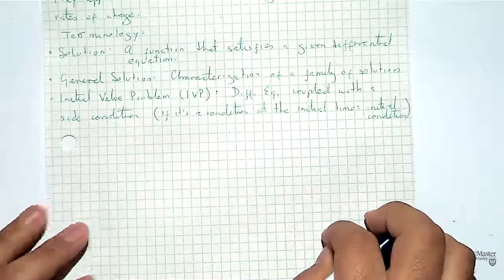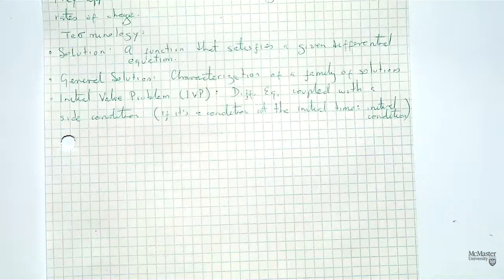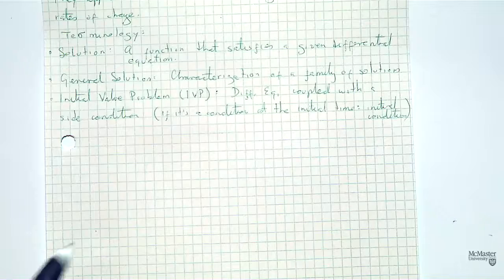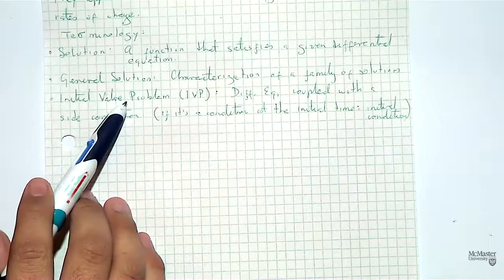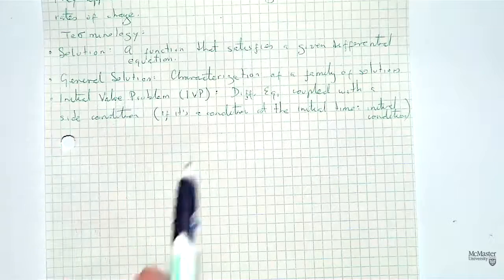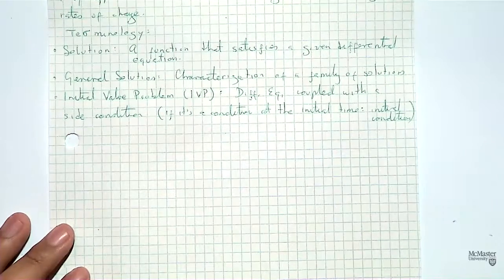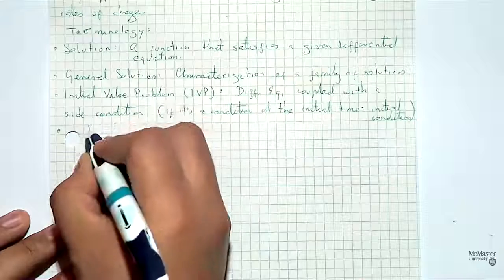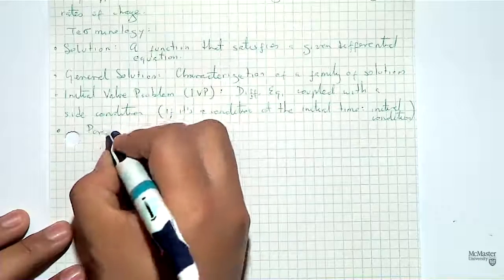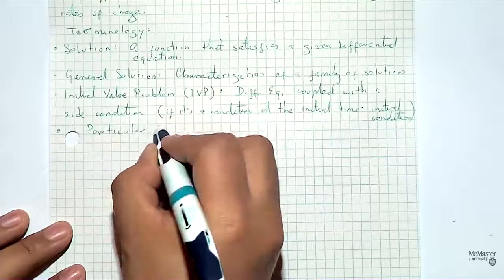I just make the distinction because not always the independent variable will be the time. You can have a differential equation where x is a position instead of a time. So the physics is a little bit different. But in terms of the kind of problem, you still have an initial value problem because you want to evolve most of the times. So then we have another kind of solution, which is called the particular solution.